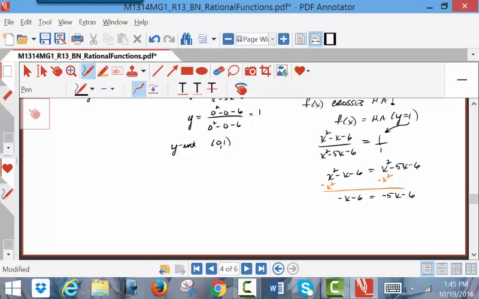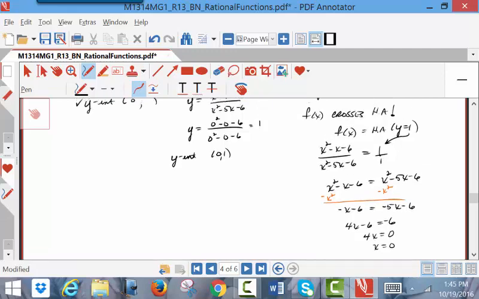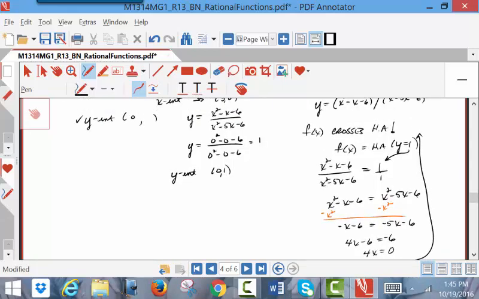Then when you add 5x to each side, you'll get 4x minus 6 equaling negative 6. Then when you add 6 to each side, you'll get 4x equaling 0, or x equaling 0. So you're going to cross at an x value of 0. And that x value of 0 is going to give you the point 0, 1, where your function crosses your horizontal asymptote.